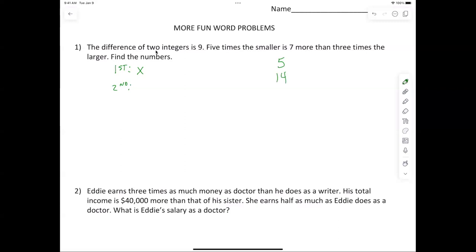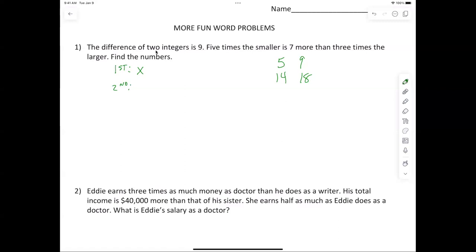18 and 9. Now notice I'm putting them in order. Do we agree with that? So the first problem, if the first number is X, what's the second number? We don't know how to do it with 2 variables, we only know how to use 1 variable.